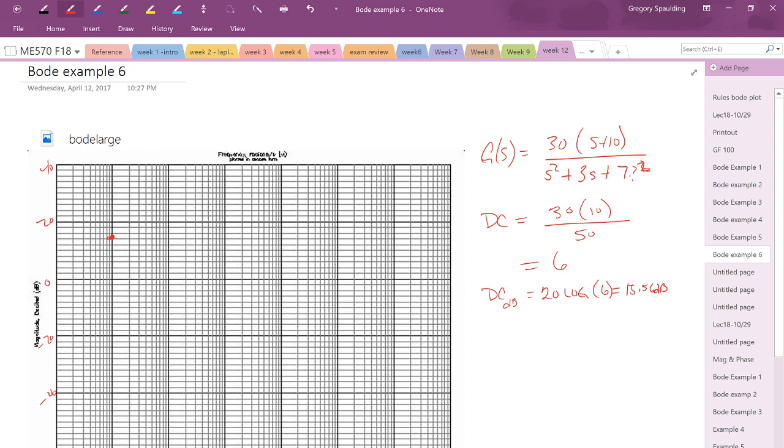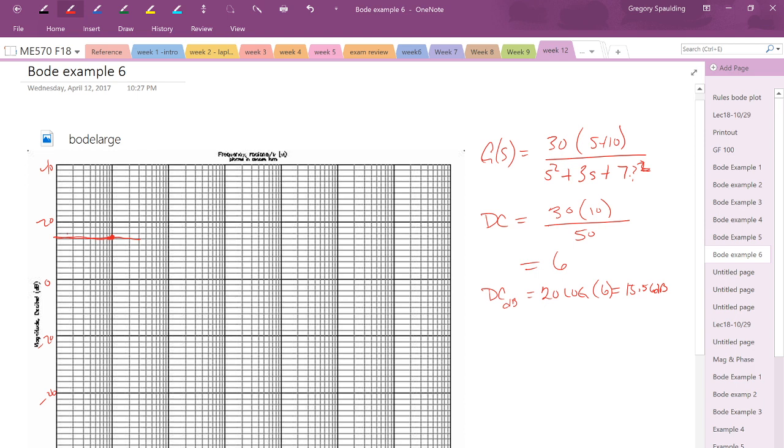If we had a free s in the numerator, we would start with a positive 20 dB per decade slope. A free s in the denominator gives a negative 20 dB per decade slope. No free s's is just horizontal, zero slope. So we're going to start there like that.